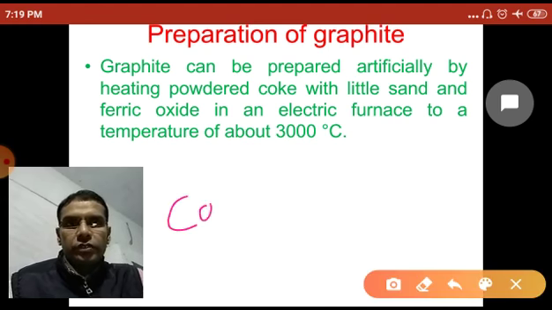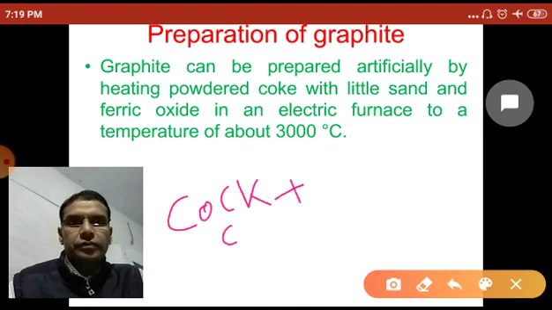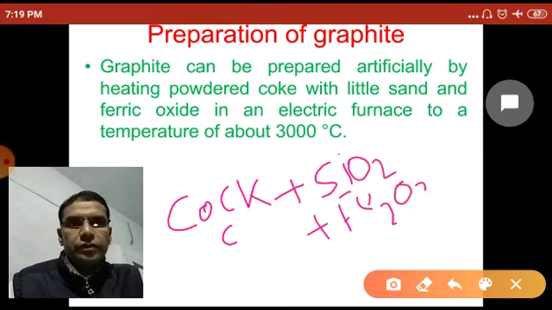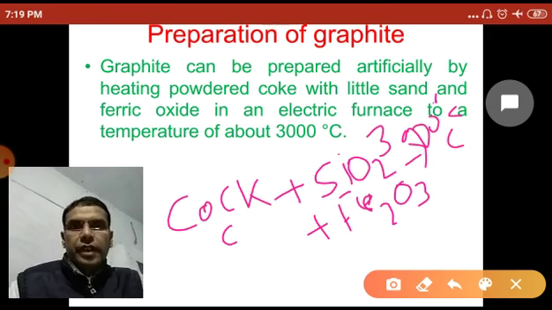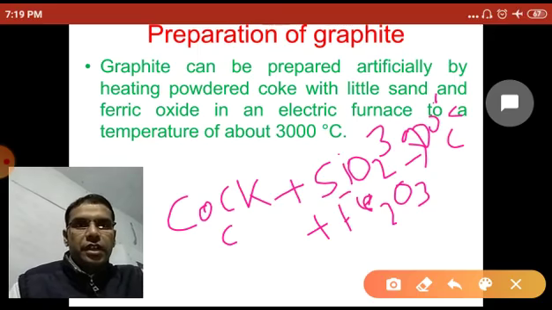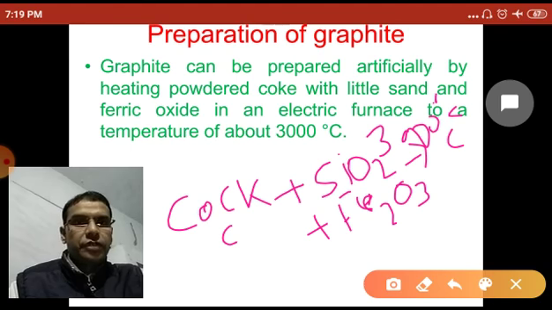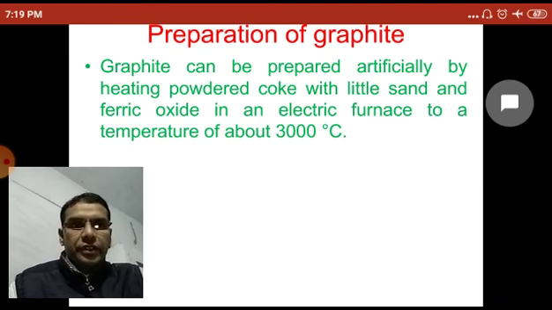When coke, that is carbon, is heated in the presence of silica, SiO2, and ferric oxide, Fe2O3, then it forms graphite at 3000 degrees Celsius, and that temperature is maintained by electricity in electric furnaces. Then they form graphite.